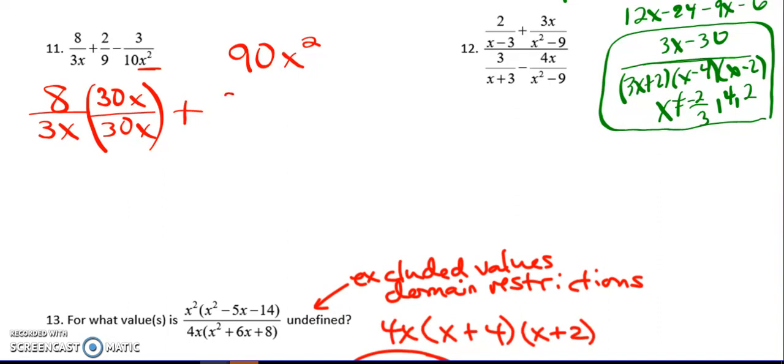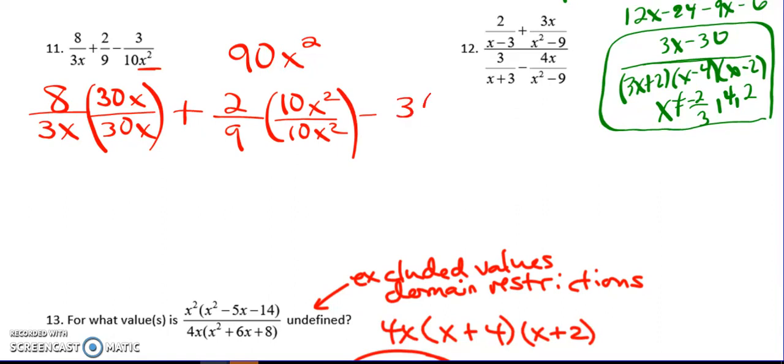So I'm going to multiply by 10x squared on top and bottom. And then the last one is missing a 9. So I'm going to multiply 3 by 9. To make sure I get to the 90x squared across the board there.